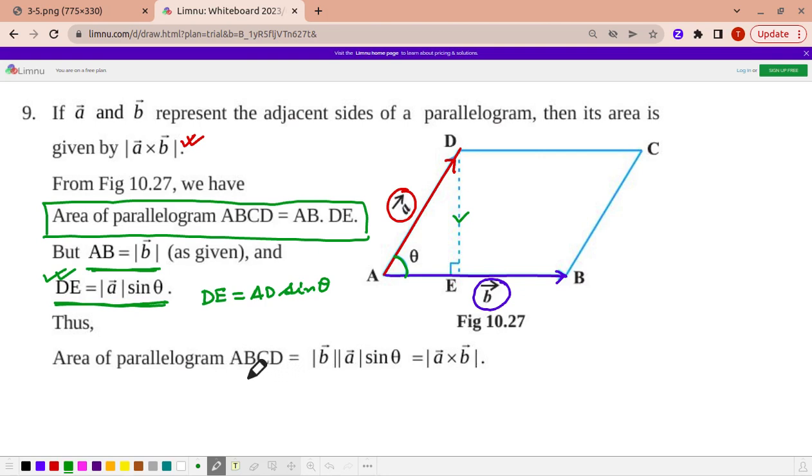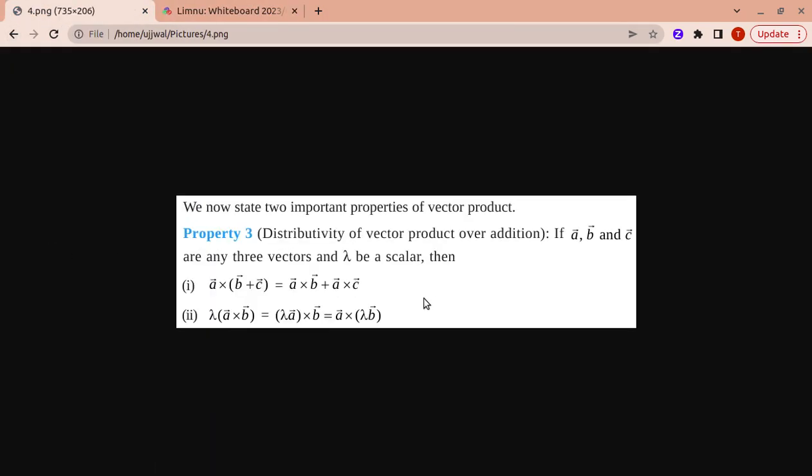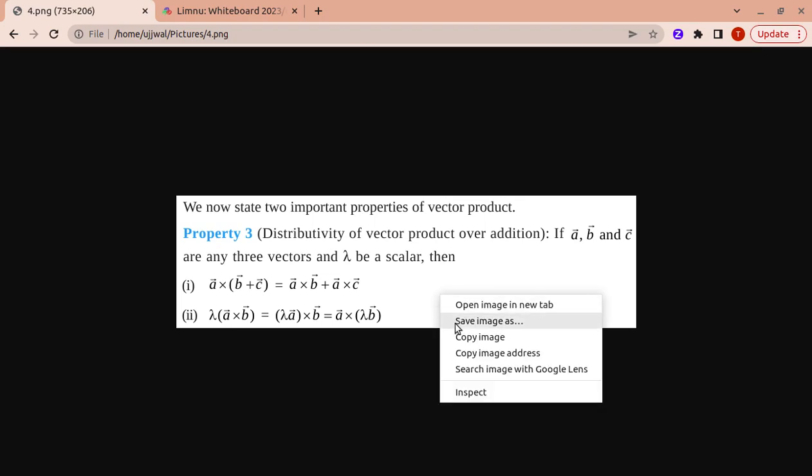So now we can use the formula here that area of the parallelogram is equal to mod A mod B sin theta, that is nothing but mod of the vector A cross B. I hope it is absolutely clear. Now dear students, let us move to two important properties.